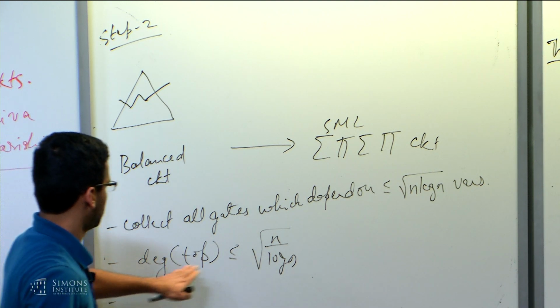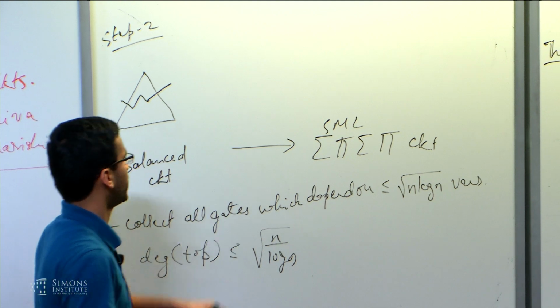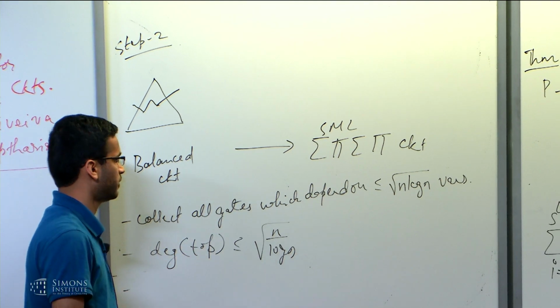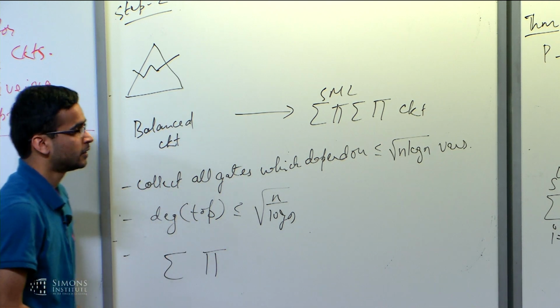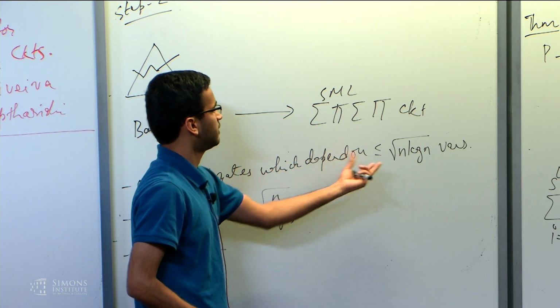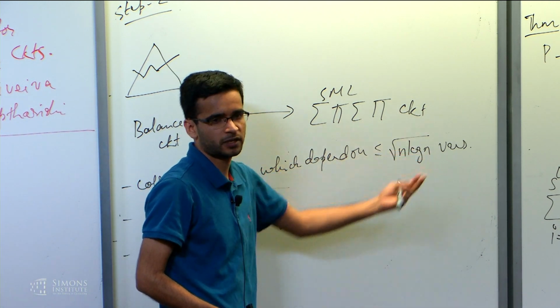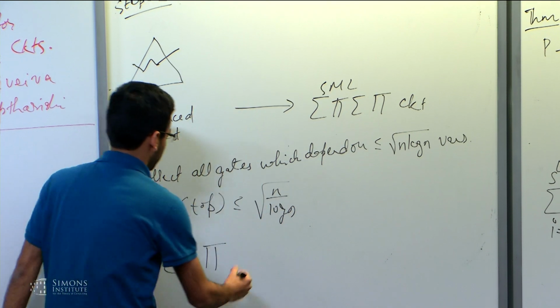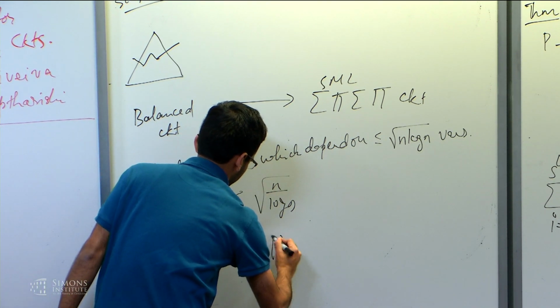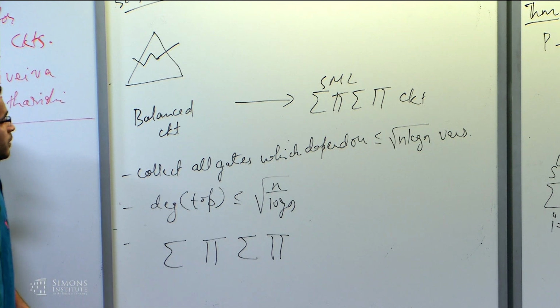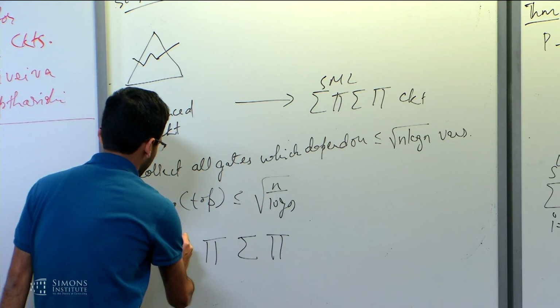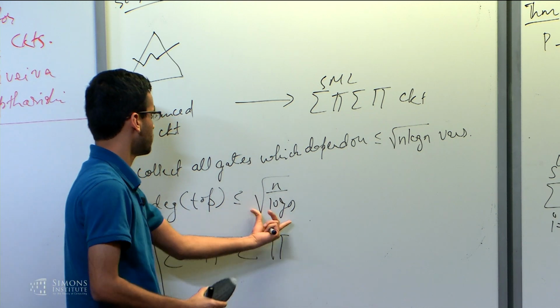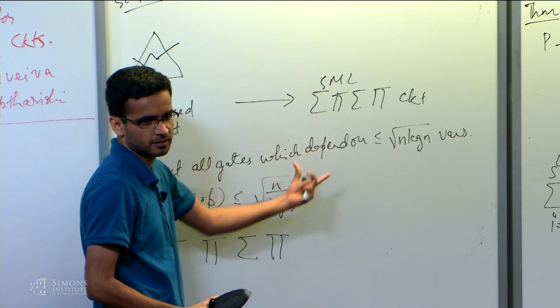Okay, so now this immediately gives a way of writing a depth 4 circuit. For the top part, we'll just write it as a sum of monomials. And in the bottom part, we have these gates which depend on a small number of variables, so we'll write all of them again as a sum of monomials. Now the point is that the top has small degree, so it's a small degree polynomial on at most s variables.